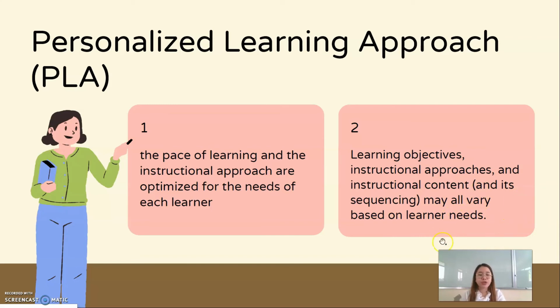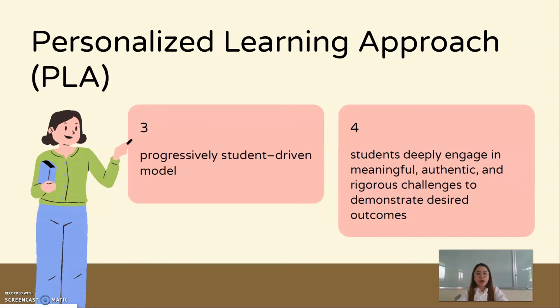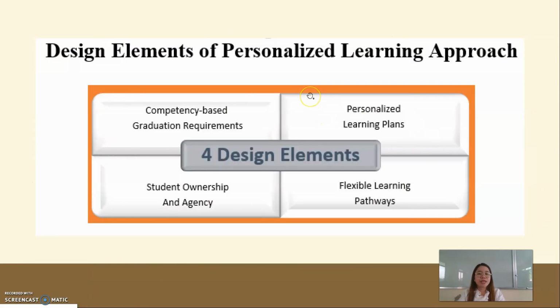We have to cater to their interests and needs when we talk about personalized learning approach. In other words, personalized learning approach is very individualized, because learners have individual differences. And so, let's talk about the design elements of personalized learning approach.